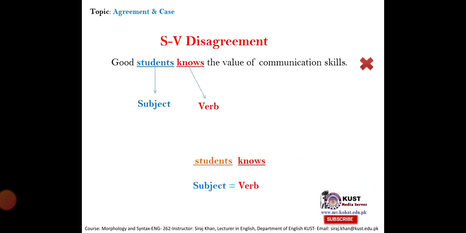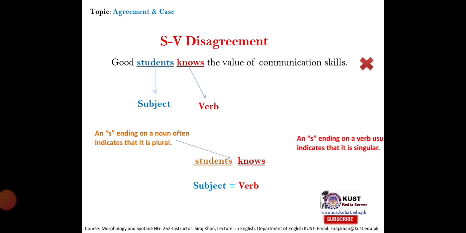Students knows. Students is the subject, knows is the verb here. An s ending on a noun often indicates that it is plural. So, s is plural with the nouns.